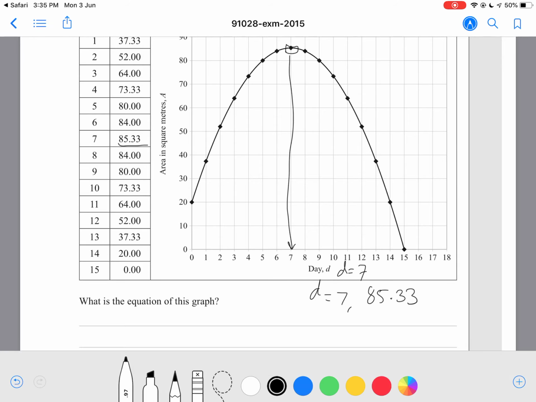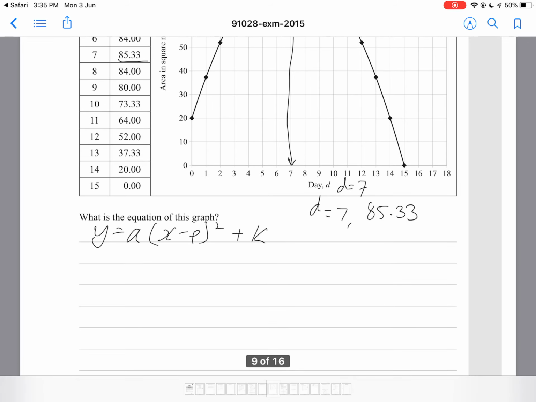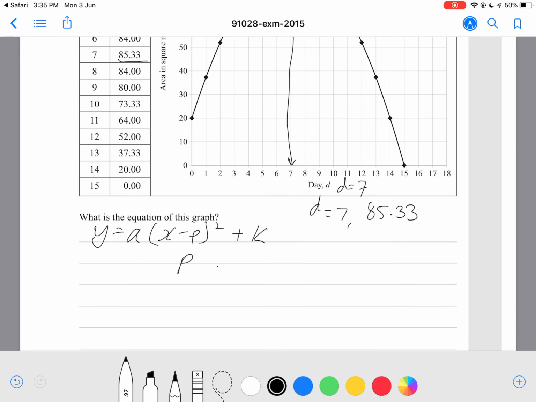The vertex equation is y equals a(x minus p) squared plus k. p is our x value for our vertex, and k is the y value.